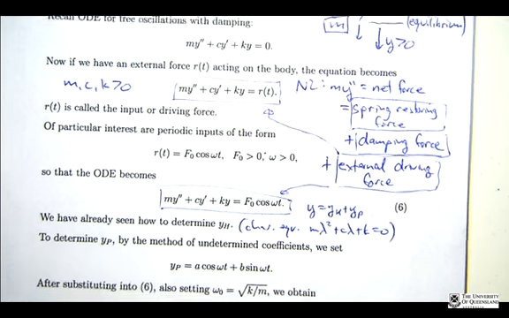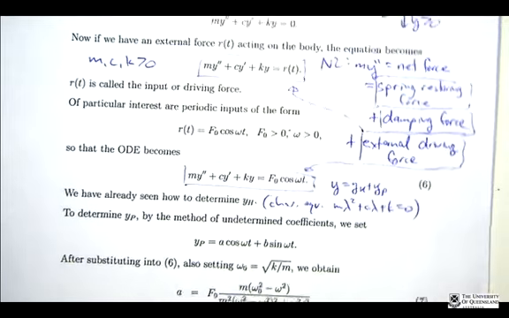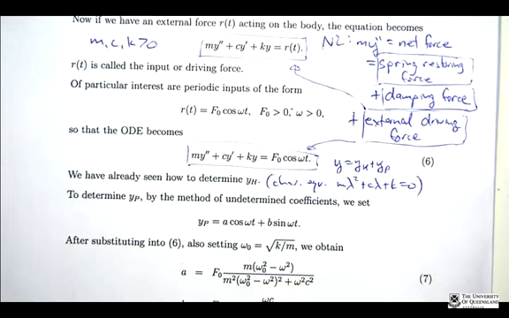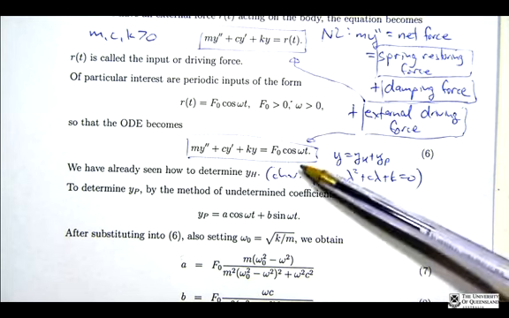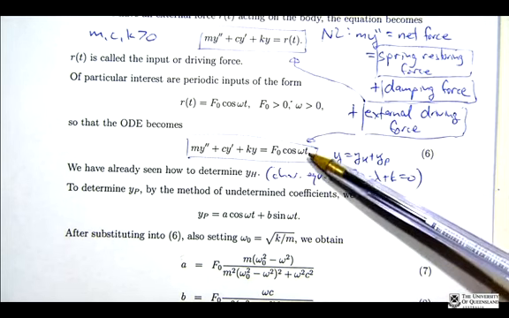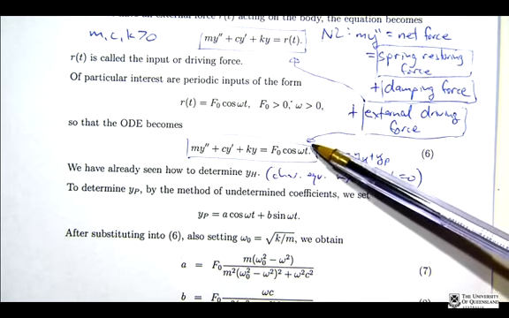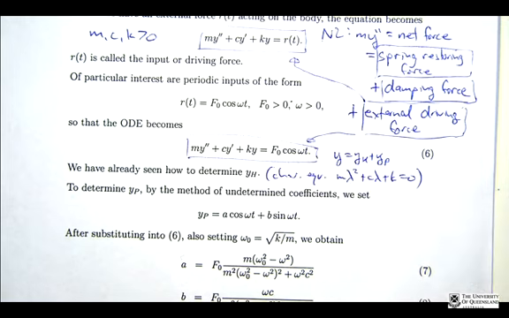But what we can do is also work out the particular solution. Now we've got a few different situations to consider, and in particular, it depends on the driving frequency of this mechanical oscillator. In other words, it depends on this factor omega that appears on the right-hand side.